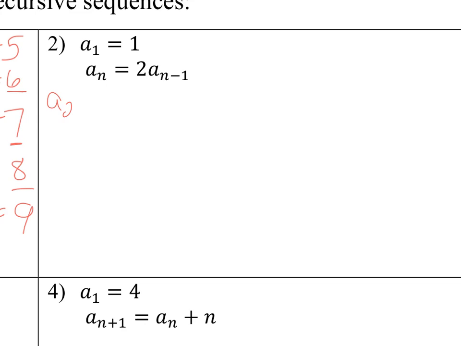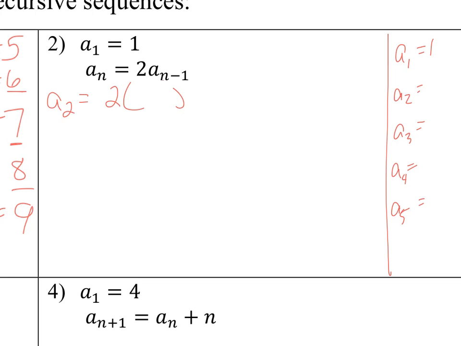So if I want a sub 2, again, I'm just going to keep track. A sub 1 is 1. I need 2, 3, 4, and 5. Those are what I need to be finished. So it's 2 times n minus 1, which means the one before n. So 2 times 1.